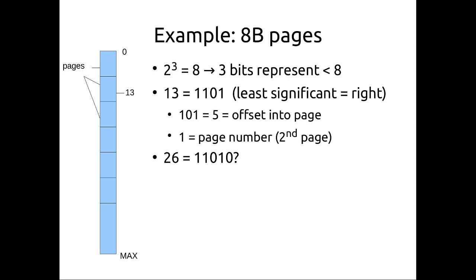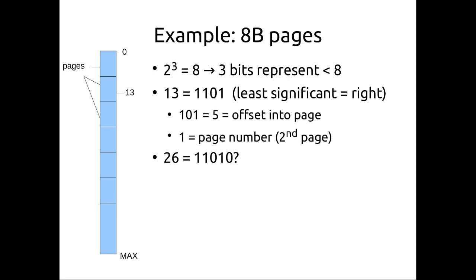So in this example, let's imagine that we have very small pages, 8-byte pages. So 8 is 2 to the power 3, which means the least significant 3 bits represent the offset into each of the pages, and the most significant bits above that correspond to the page number that we're referencing. So if we get a memory access to address 13, address 13 is 1101 in binary.